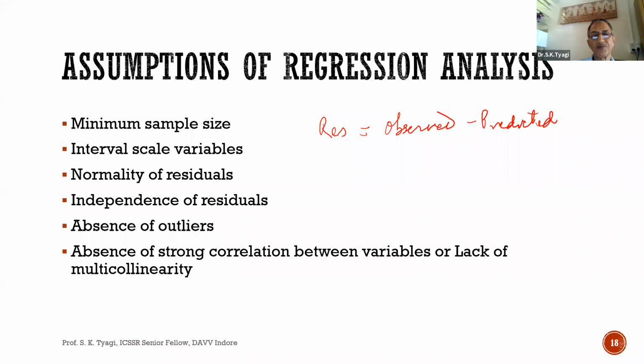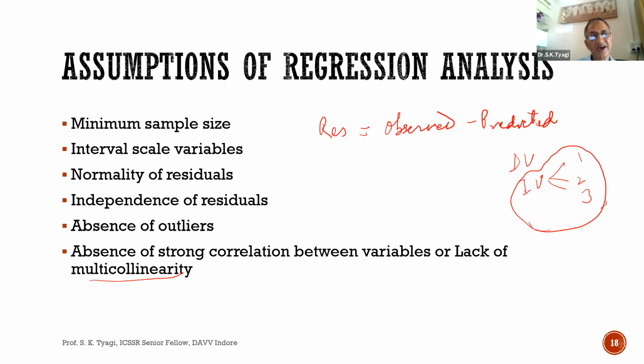And absence of strong correlation between variables, or lack of multicollinearity. We have 4 variables: dependent variable and 3 independent variables. So these 3 should not be very highly correlated. If they are very highly correlated, then there is a problem of multicollinearity.